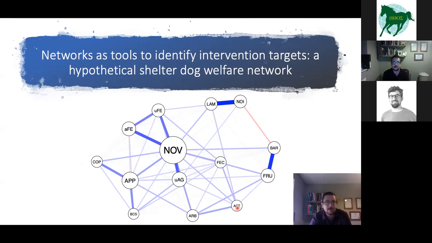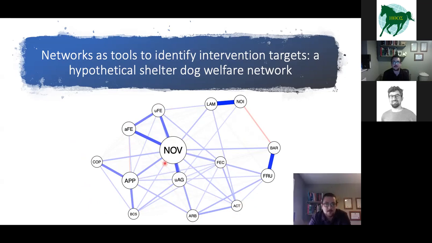So let's say we've done that. Now this is simulated data, it's not real, so don't read into the results too much. We've got things here like fear of novelty, appetite, coprophagia, body condition score, fearful posturing around unknown people, behaviour in the absence of people, aggressive behaviour, repetitive behaviour, kennel activity, and so on.